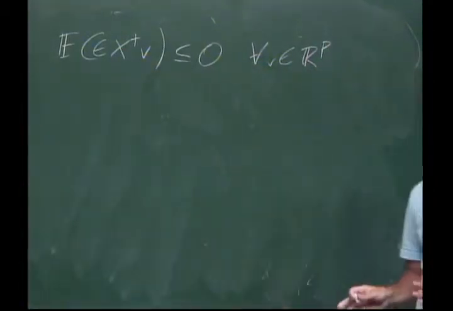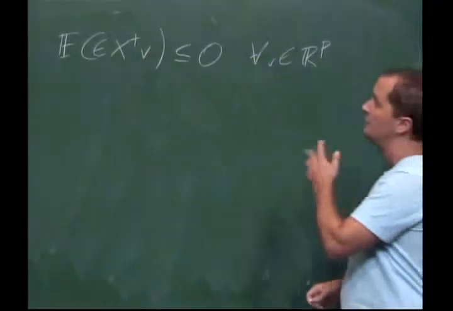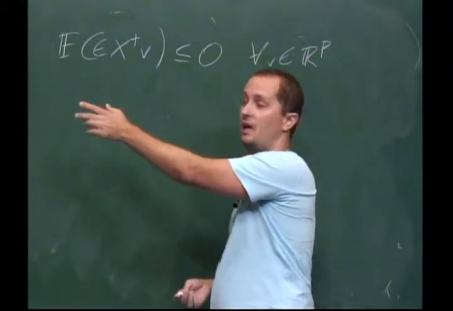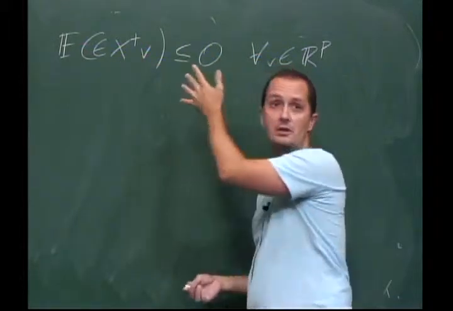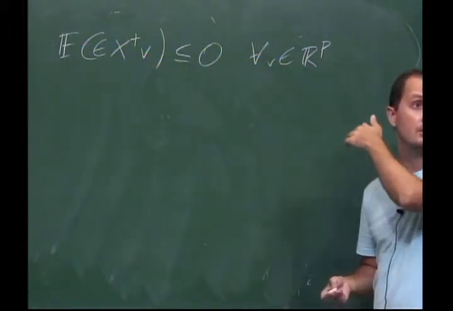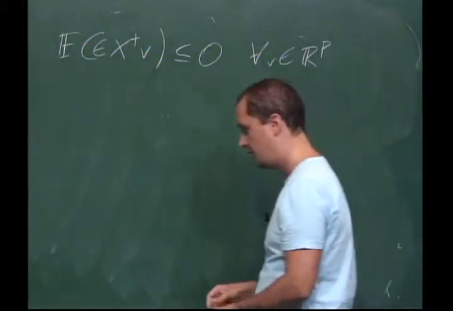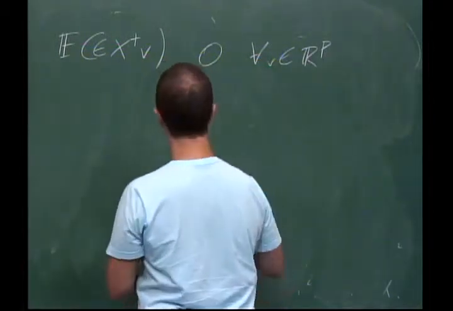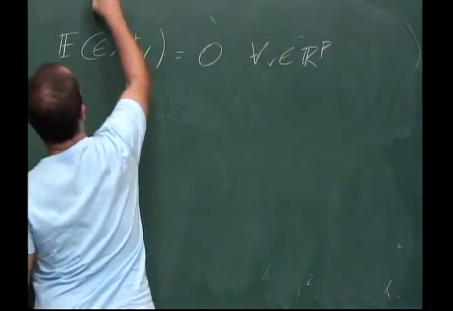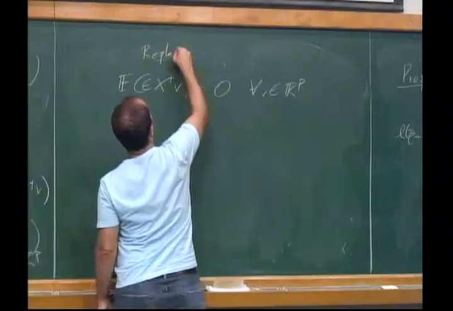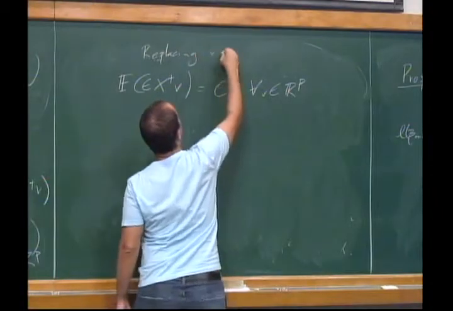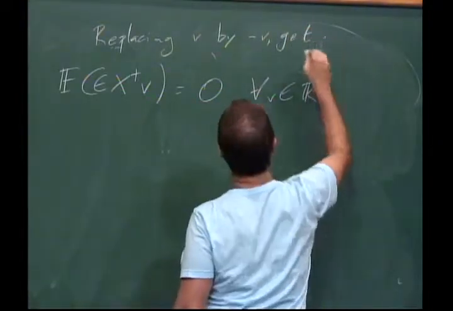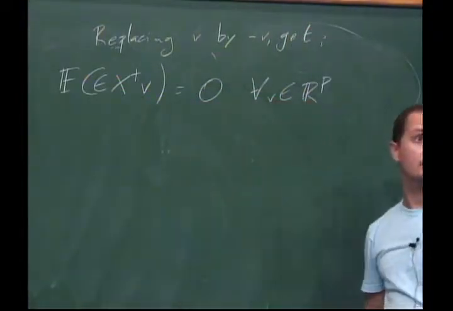This is what we just showed. But notice that if I replace v by minus v, I prove that this expectation is larger than or equal to 0. So what I actually proved is that this is equal to 0 always.